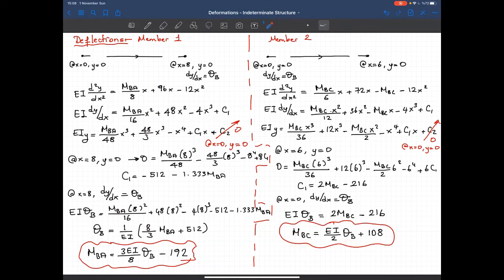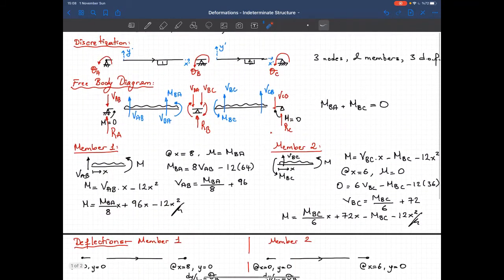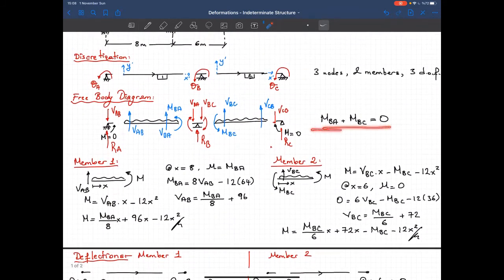Okay, now I need to combine these two equations to figure out what theta B is, and for that I will use the following equilibrium equation. At this node, the sum of the moments must be equal to 0.